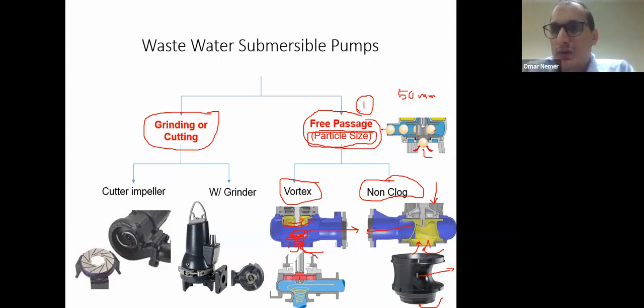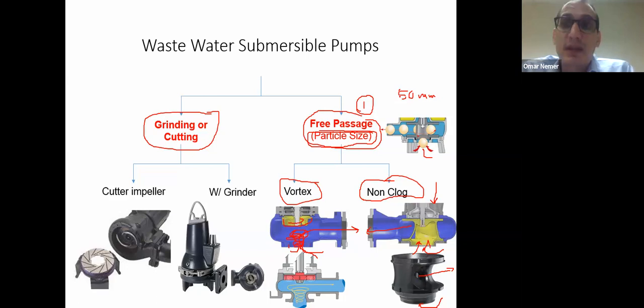Once you decide to have a bigger particle size, you should expect the pump also will be bigger, because the inlet and the outlet also have to be bigger. For example, I cannot request a submersible pump with a 2 inch discharge and expect it can pump 60 or 70 millimeter particle size. It cannot be.